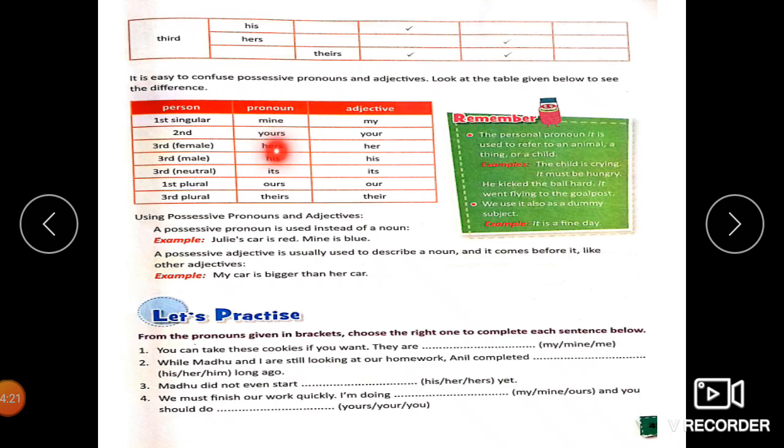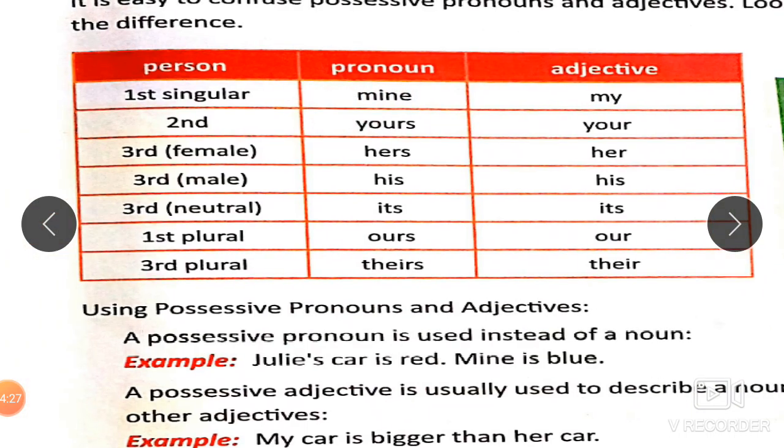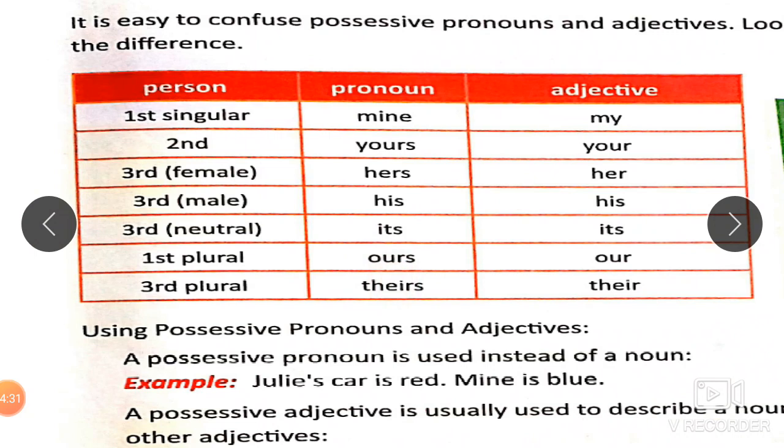Let's go through this table. Possessive pronouns, we have words like mine, yours, hers, his, its, ours, theirs. Whereas in possessive adjectives, the corresponding words are my, your, her, his, its, our, their.